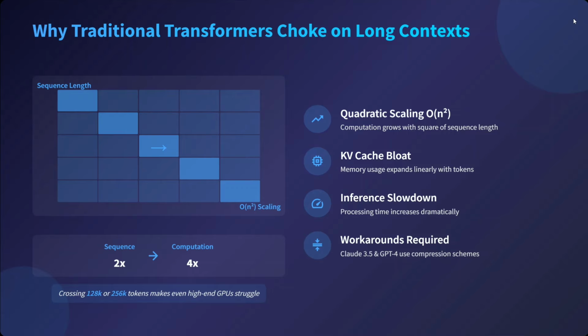Inference slows down a lot and workarounds are required. If sequence is 2x, computation goes 4x. This is because attention scales quadratically. Because for attention, it would be looking at all the other words present in the input. Hence, it scales quadratically. It's not linear. And hence, it starts choking when the context length is huge.